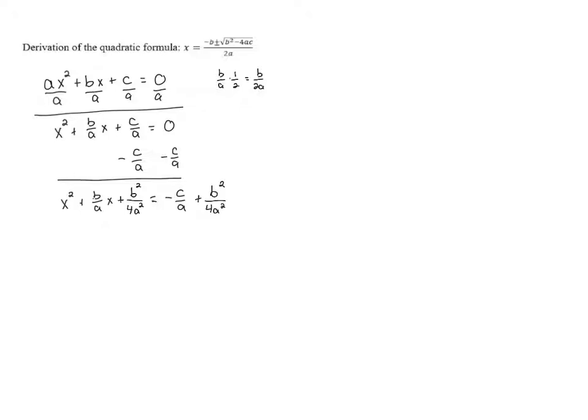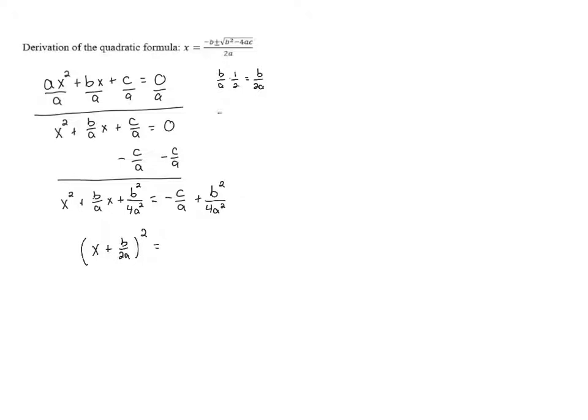Now that we have completed the square, we're able to factor the left-hand side. When we do that, we end up with x plus b over 2a quantity squared. And then on the right-hand side, we need to add those fractions by coming up with a common denominator.